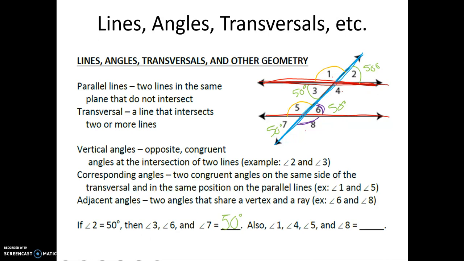Okay, so 180 minus 50 leaves me with 130. So angle 1 is 130 degrees, and then the rest of those are also 130 degrees.